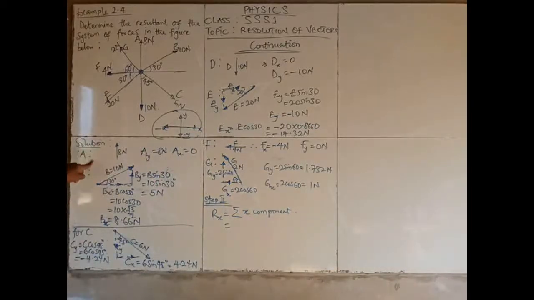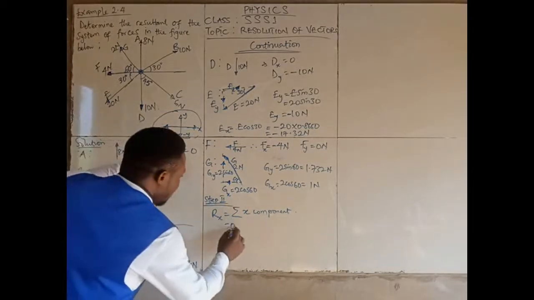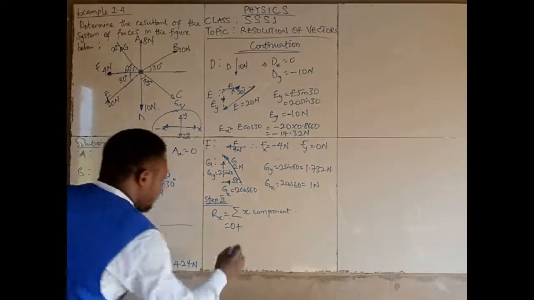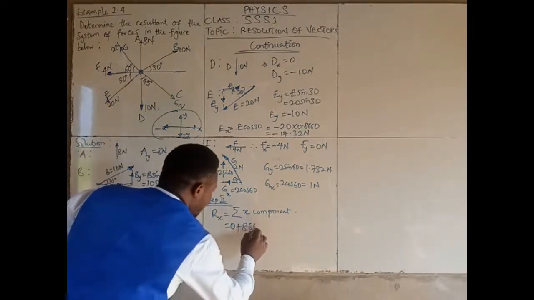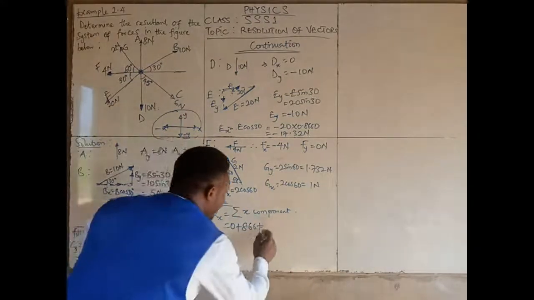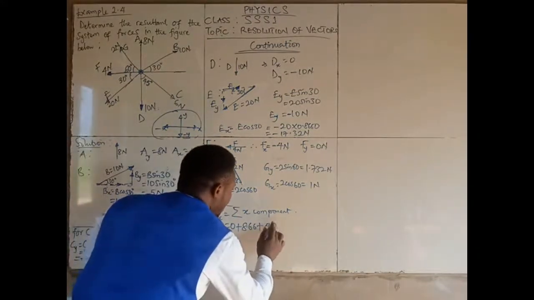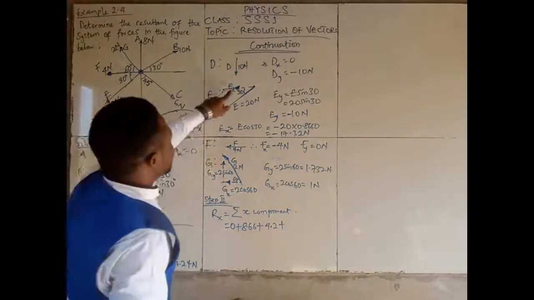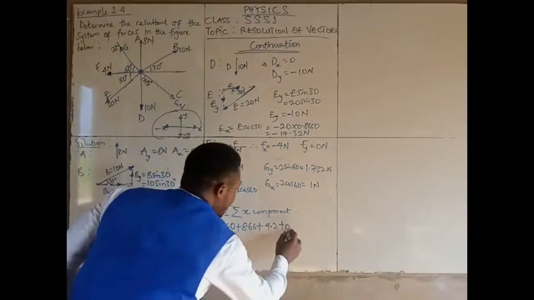A does not have any x component, that is 0, plus. For B, the x component is 8.66, plus. For C, 4.2, plus. For D, no x component, 0, plus.